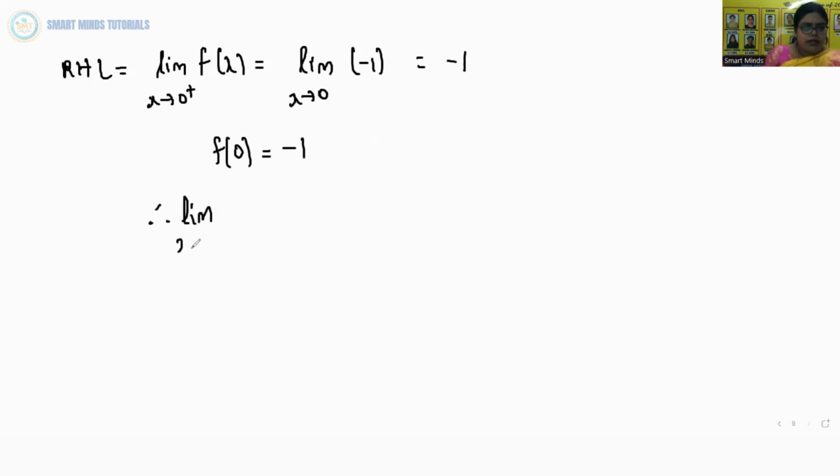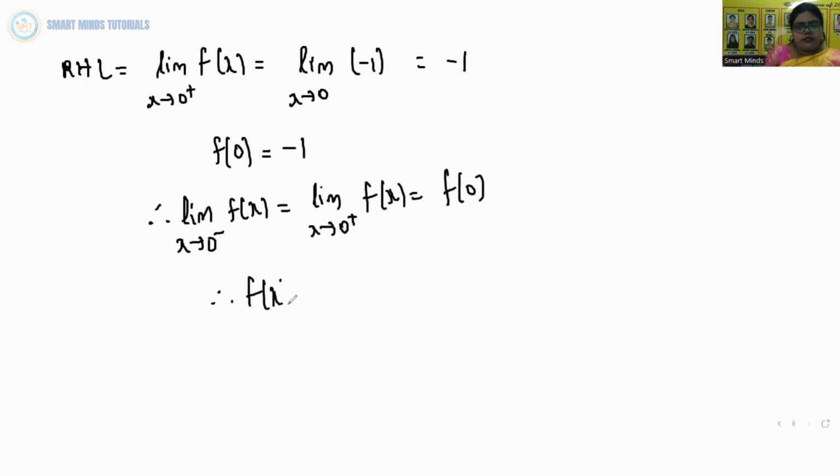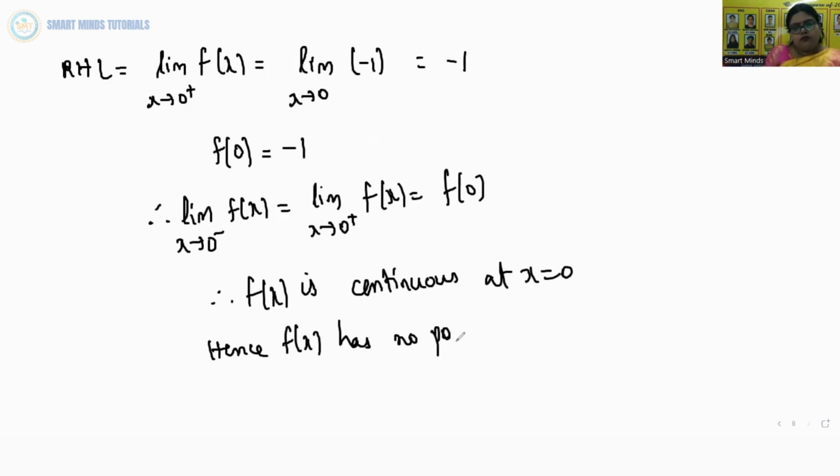Therefore, limit x tends to 0 minus f of x is equal to limit x tends to 0 plus f of x, and that is equal to f of 0. Therefore, f of x is continuous at x is equal to 0. Hence, f of x has no points of discontinuity.